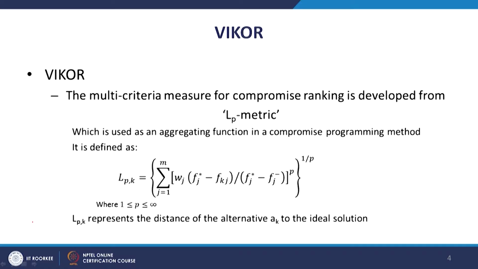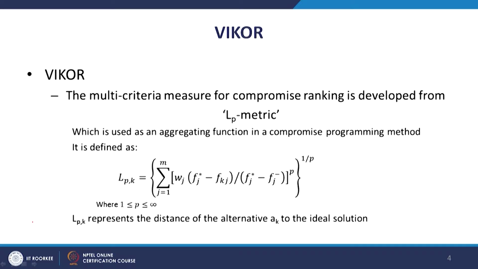If we look at this expression, it looks like a min-max kind of normalization, and the weight is also there. So it looks like a weighted normalization of min-max kind of formulation. This kind of formulation is used to define what we call the LP metric.